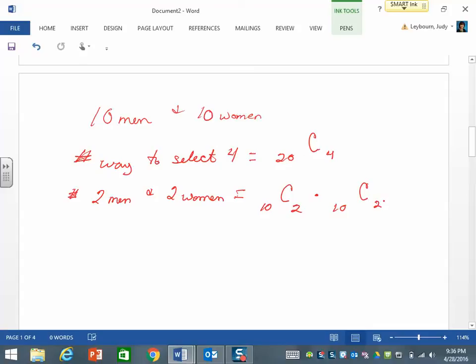And if we simplify that out, we would have 135 over 323, because it would be 10 factorial over 2 factorial times 8 factorial for both the men and the women.